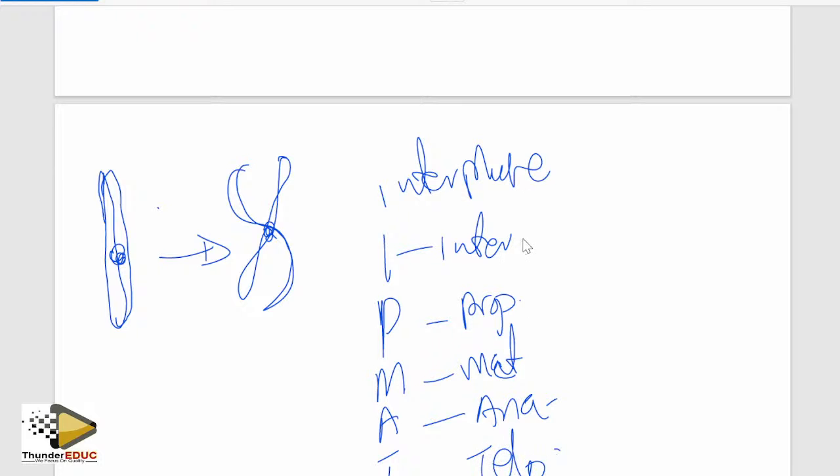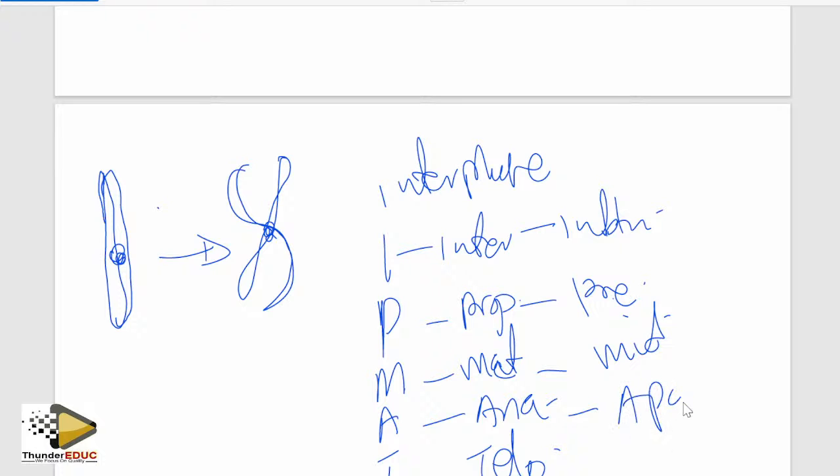Now, interphase in actual sense in English means in between. Preparation, this is preparation, this is middle, and then this is apart, and then this is the terminal.